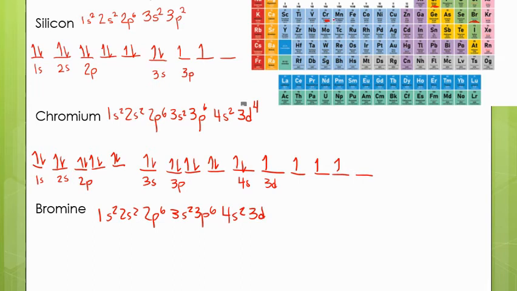So we're down to here now. This is 3d. We need all of these, so it's 3d10. Then after zinc, we go here. This is gallium. Our N number here is 4. We're in the P block, and we need 5 of those electrons.